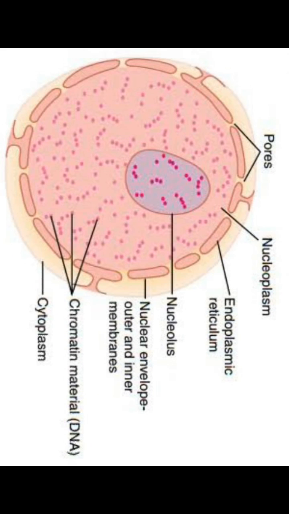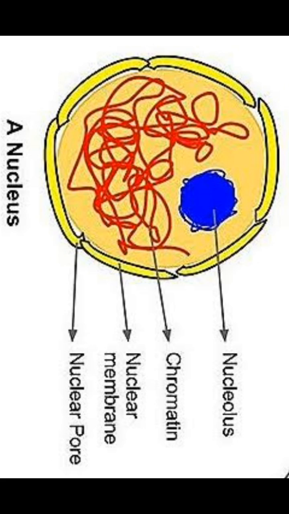The fiber-like structures you can see in this diagram, the reddish fibers or network or filamentous structures, are called chromatin. So the nucleus generally consists of the spherical nucleolus, plural nucleoli, and the fibrous, filamentous or thread-like structures called chromatin.